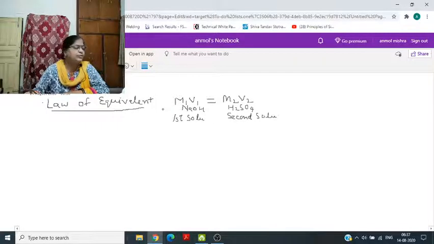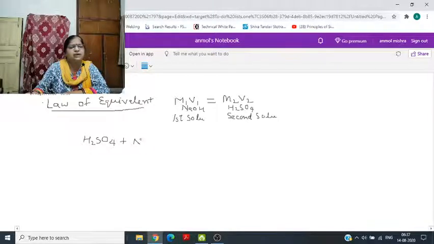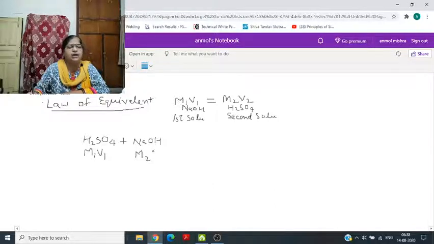In the lab we do the practical called volumetric analysis. In this we use this formula. Now suppose H2SO4 and NaOH are mixed together, and the molarity of H2SO4 is M1, volume of H2SO4 is V1. Similarly, molarity of NaOH is M2 and volume of NaOH is V2.